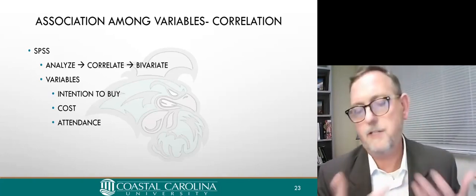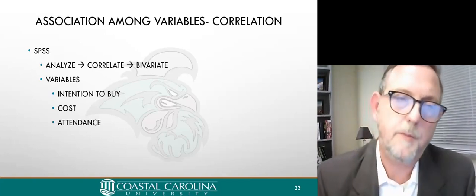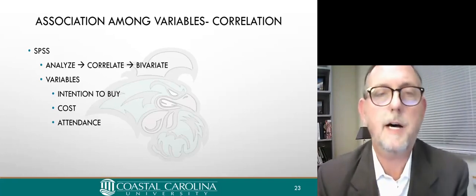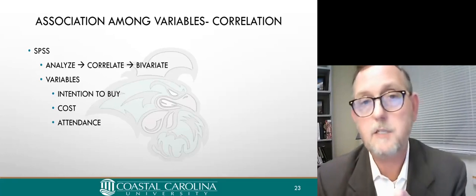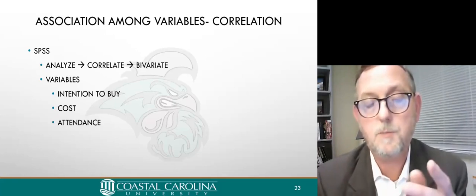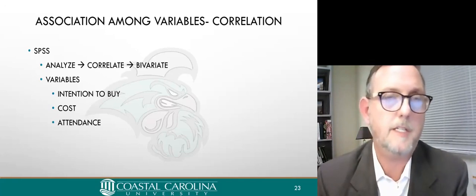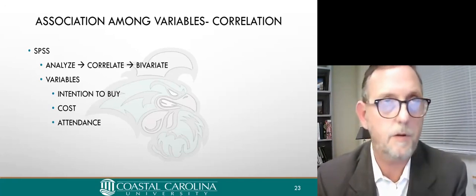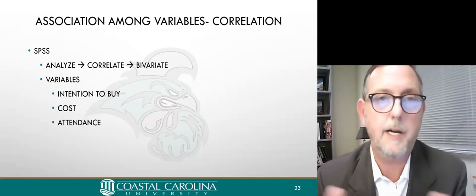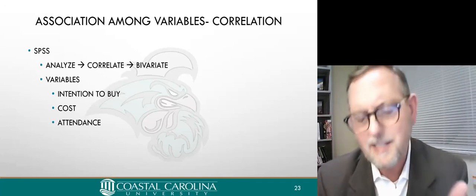I have a data set. We've got 3 variables. One will be intention to buy, IB. A second one will be cost. So this might be the consumer's perceived cost of whatever the product is. And the intention to buy is whether they'll buy it or not, the likelihood they'll buy. And then attendance.